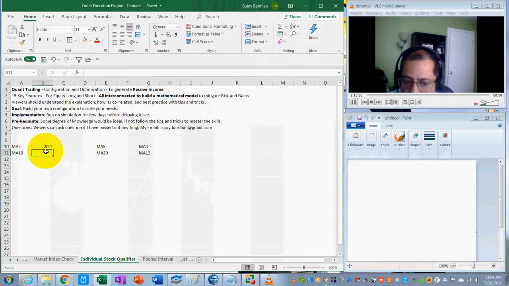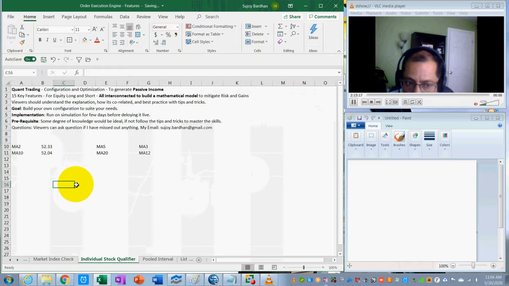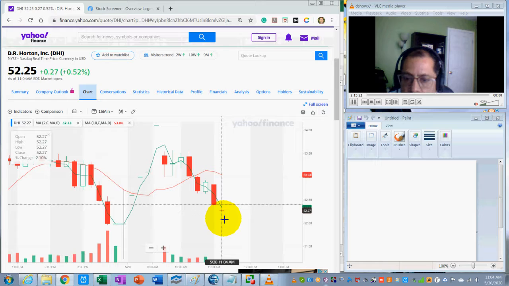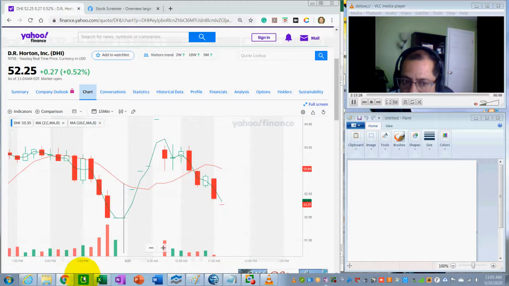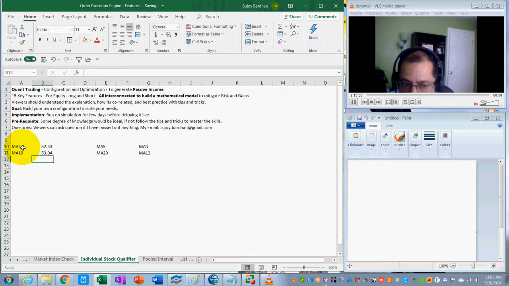So let me recheck it. The green is 52.33 and the red is 53.04. So this is the fast moving average, which is looking at 2 days versus the 10 days, or 2 candles versus the 10 candles.